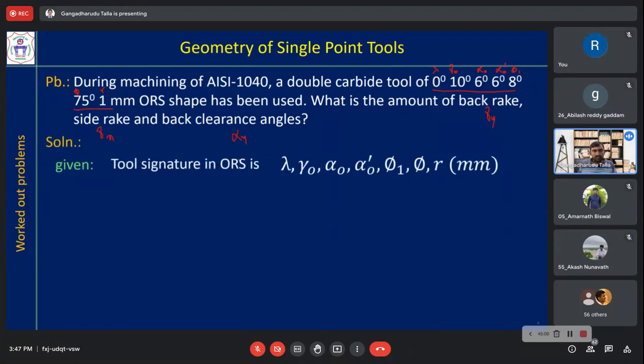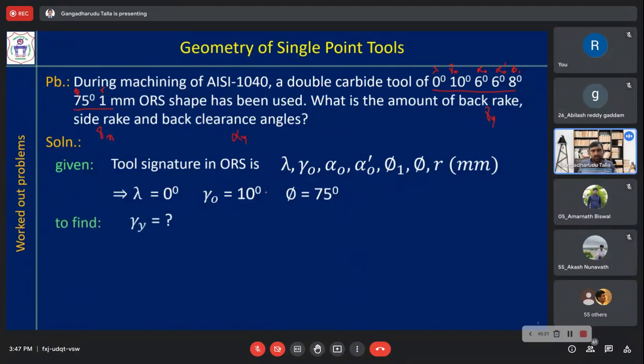So let us see this same thing here. Tool signature is this, which I have already written there. So lambda is 0 from this, gamma O is 10 degrees, phi is 75. These are the required things.